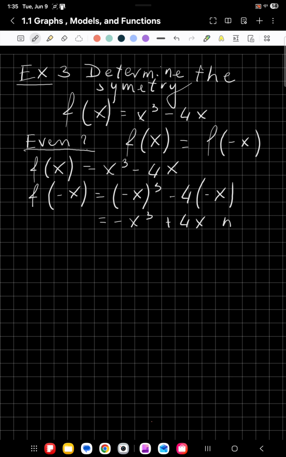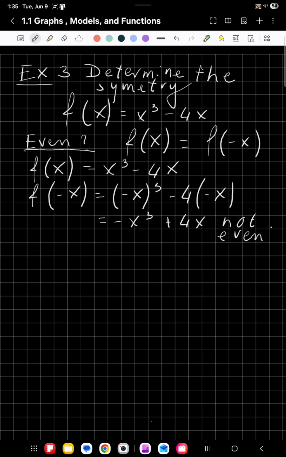So the conclusion is that this function is not even. Okay. I'm not going to be checking whether the function is symmetrical with the x-axis, because the relation is a function, right? So I know that it's not going to be symmetrical with respect to x-axis.